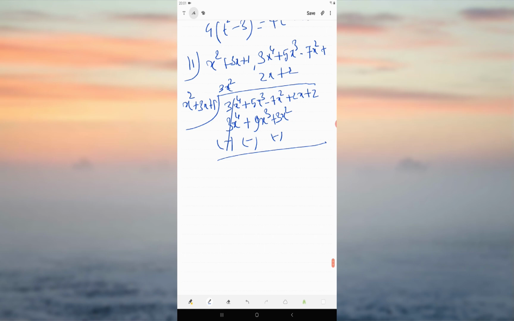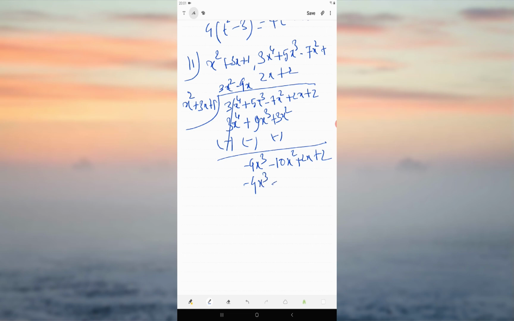Now 5x³ minus 9x³ is minus 4x³. Then minus 7x² minus 3x² is minus 10x² plus 2x plus 2. Okay. Then it will be minus 4x, which will give me minus 4x³.